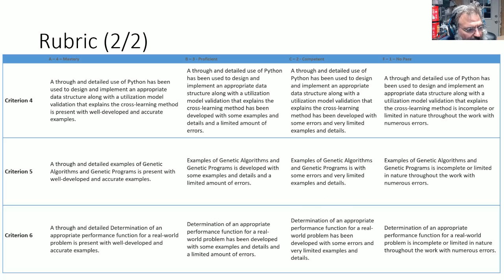A thorough and detailed use of Python has been used to design and implement an appropriate data structure along with utilization model validation that explains the cross-learning methods is present and accurate, and then a thorough and detailed example of genetic algorithms and genetic programs, and then a thorough and detailed determination of an appropriate performance function for a real-world problem is presented that goes with genetic algorithms as well.